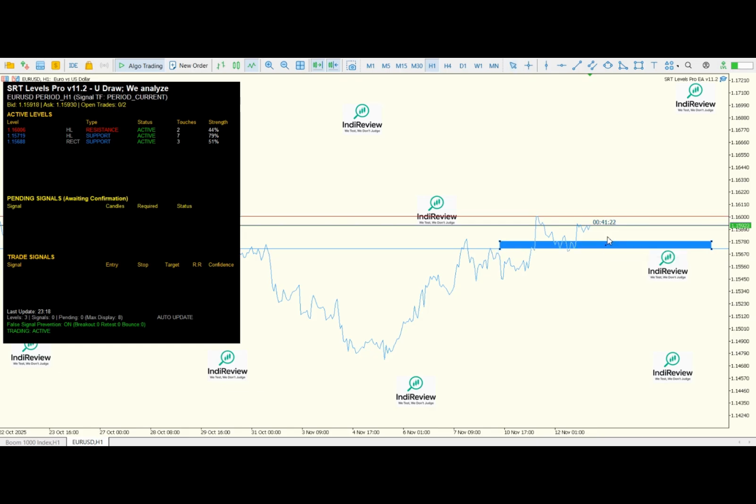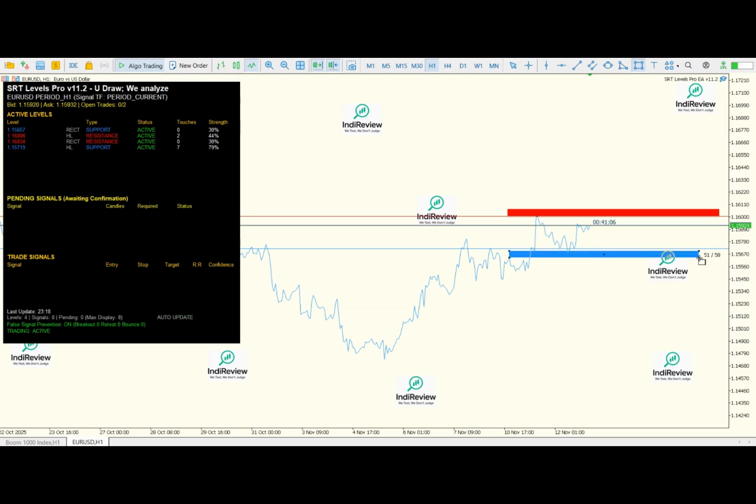So let me put it back, put it here, and then we'll do another one for support. Just drawing the zones. Okay, so this is everything showing on the dashboard. This makes it look better, so we can see that everything is okay now.